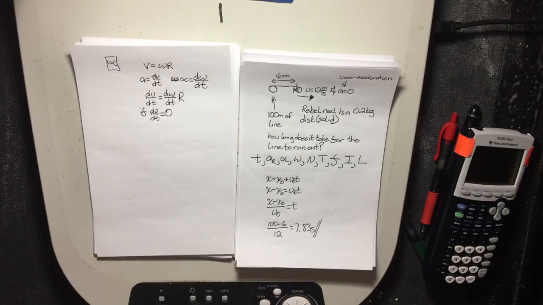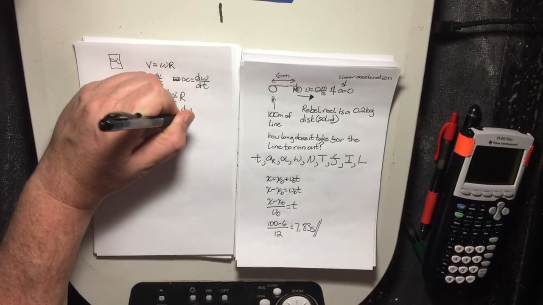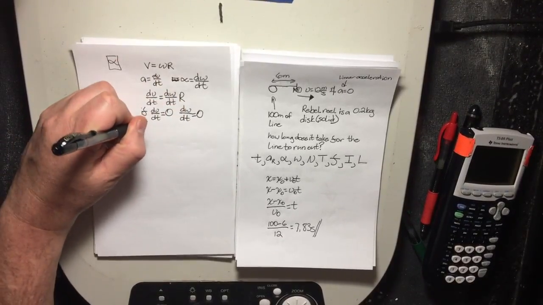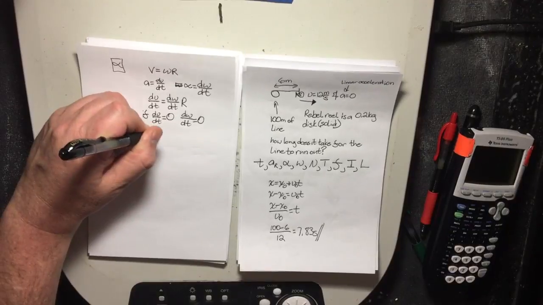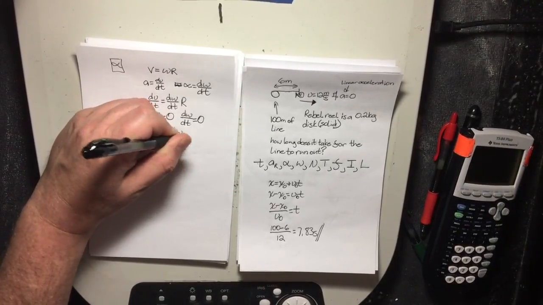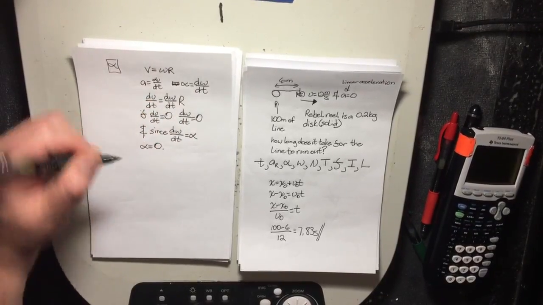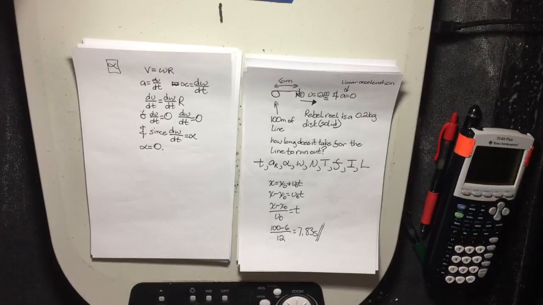If dv dt is 0, d omega dt is equal to 0. And since d omega dt is equal to alpha, alpha is equal to 0 as well. There is no angular acceleration.